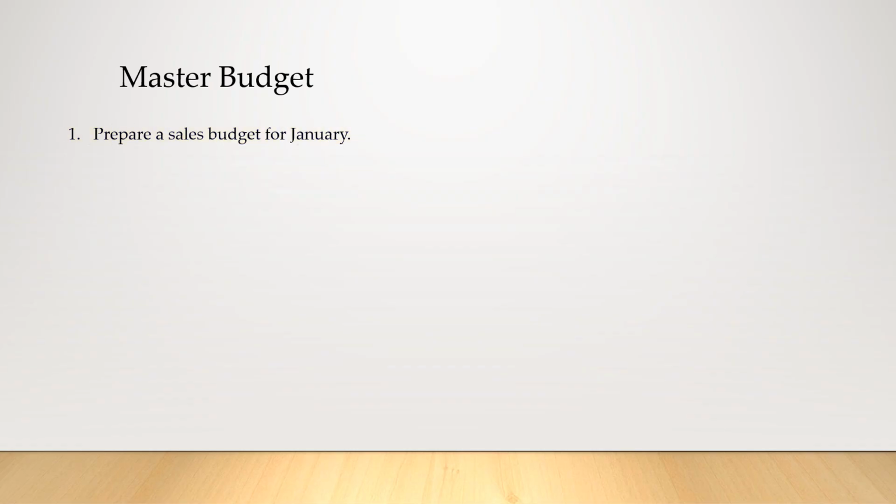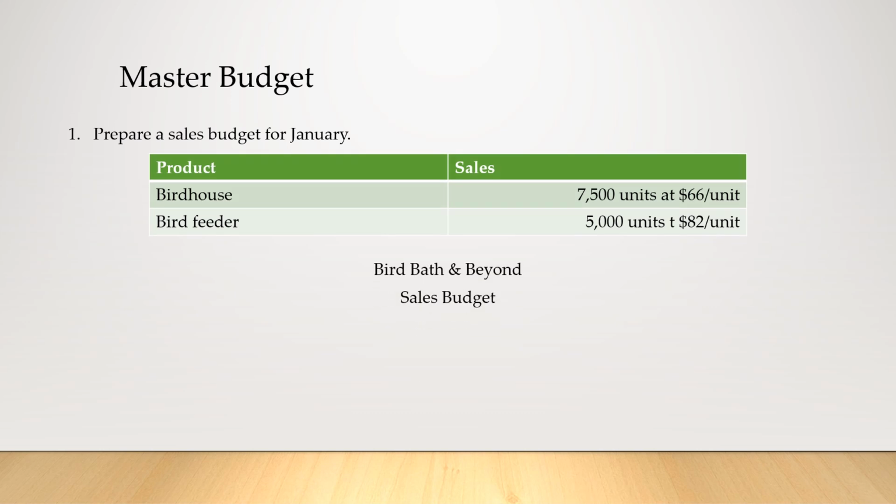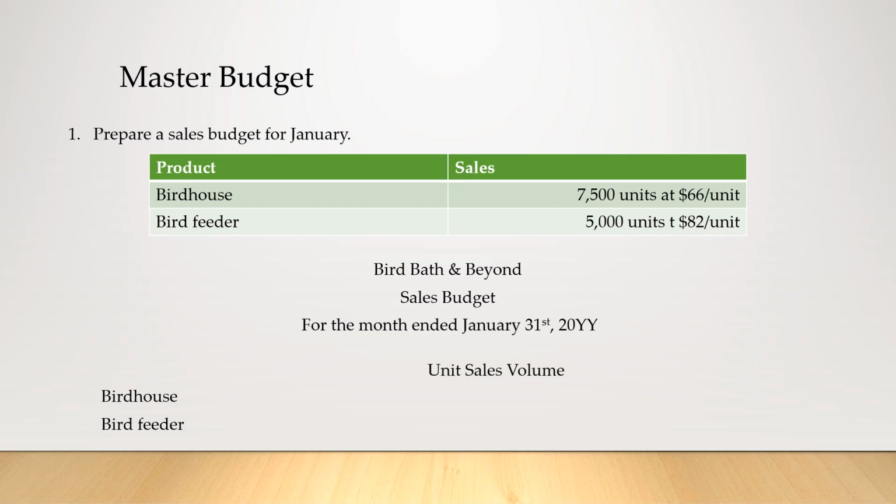The table in letter A has the projected January sales for birdhouses and bird feeders. For both of these products, multiply the budgeted sales volume by each unit's respective price to get total sales in dollars.